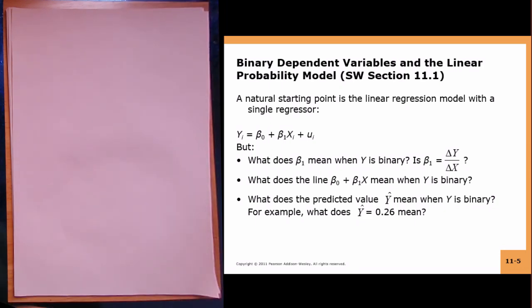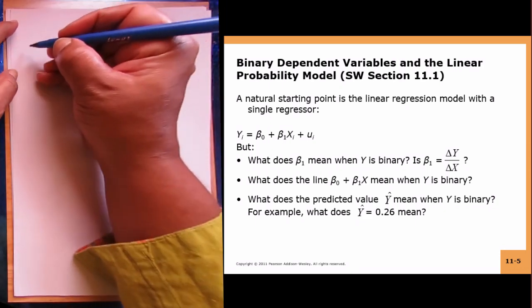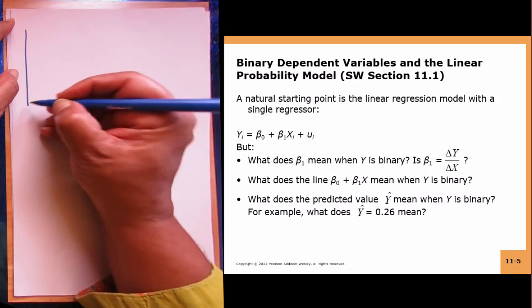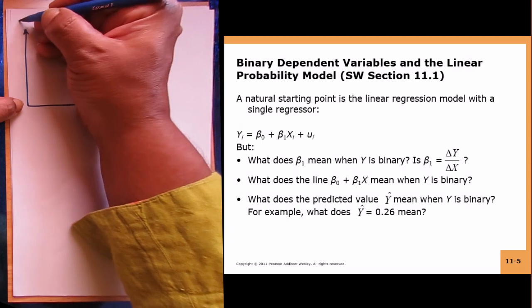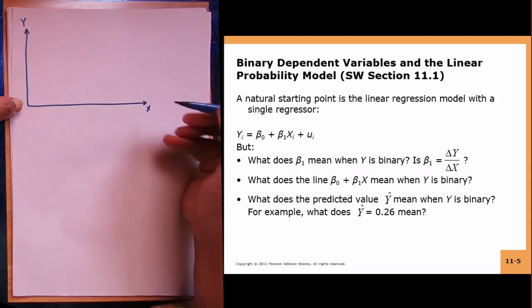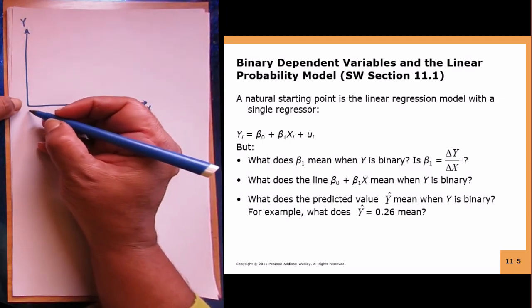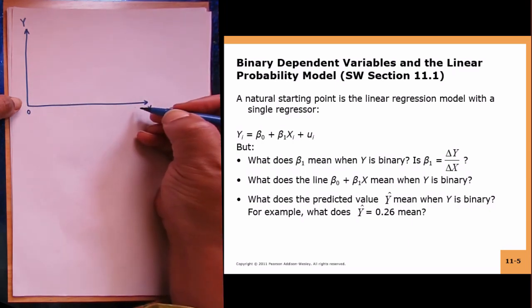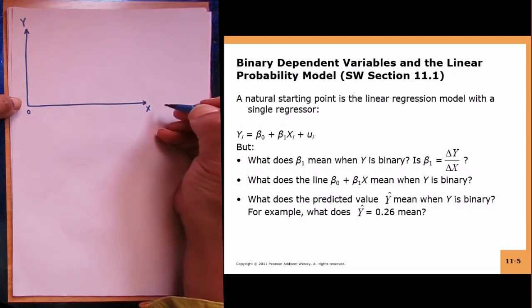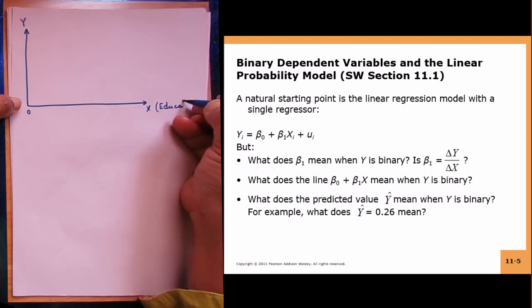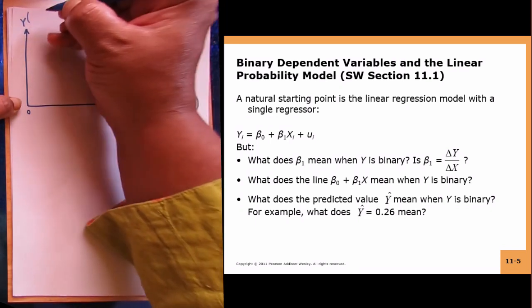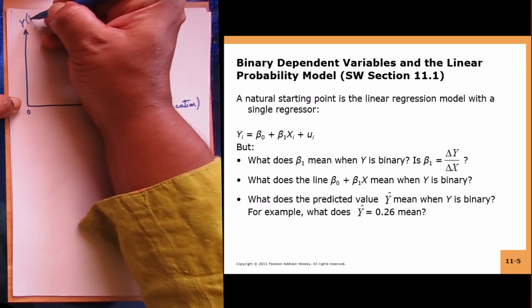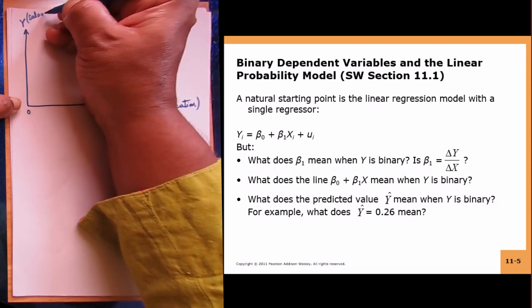draw this kind of data, and then you will understand. So in normal regression, you have your y-axis and you have your x-axis, and say your x-axis is education, and your y-axis is salaries or something like that.